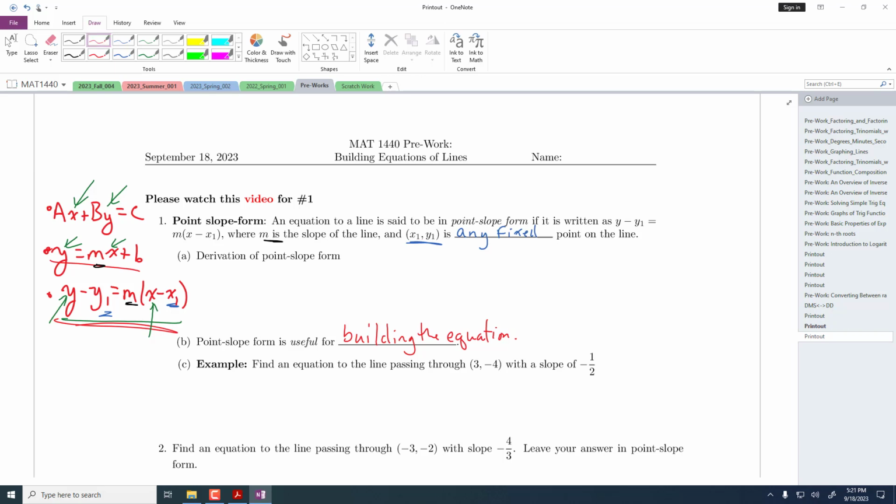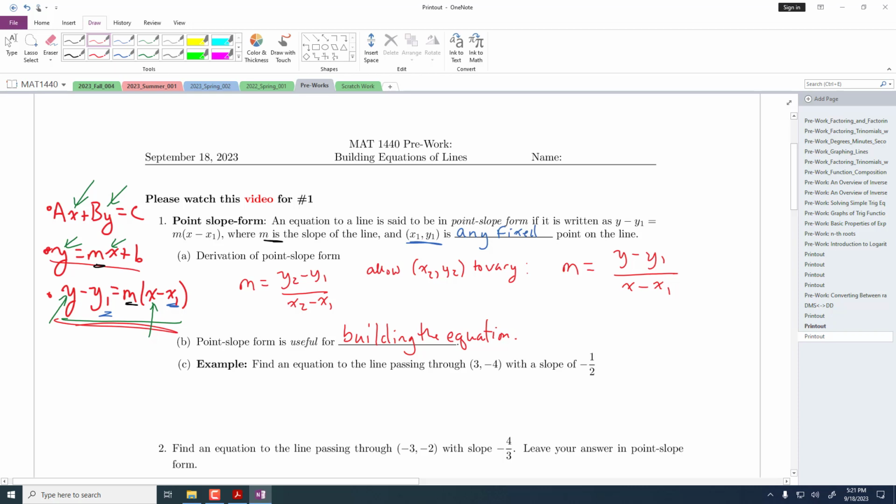Remember that we've always had the slope formula, m is equal to y2 minus y1 all over x2 minus x1. What we're going to do is allow the ordered pair x2, y2 to vary. And so that would give us the equation m is equal to y minus y1 all over x minus x1.